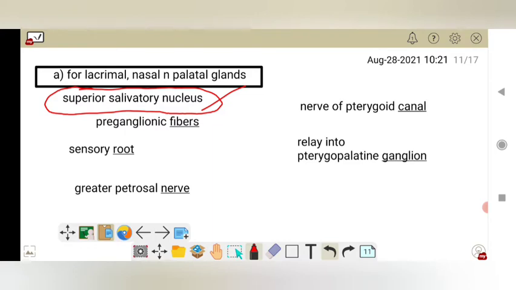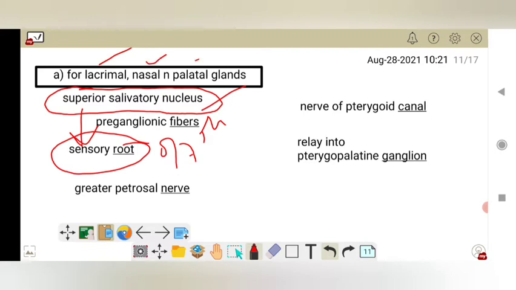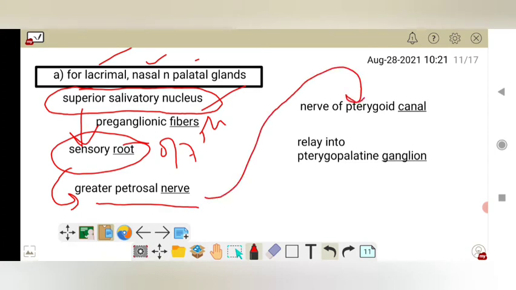These fibers from the superior salivatory nucleus are the preganglionic fibers carried by the sensory root of the facial nerve. For lacrimal, nasal and palatal glands, fibers pass via the greater petrosal nerve, then to the nerve of the pterygoid canal, and these fibers relay in the pterygopalatine ganglion.